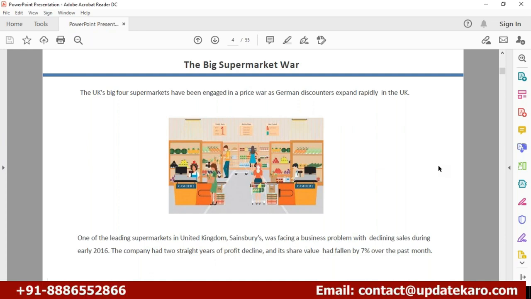What happened is Sainsbury's, this is a supermarket basically in the UK, was facing huge problems during early 2016. Their market share fell by 7% all of a sudden.